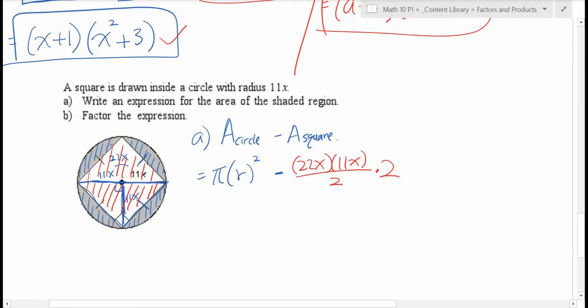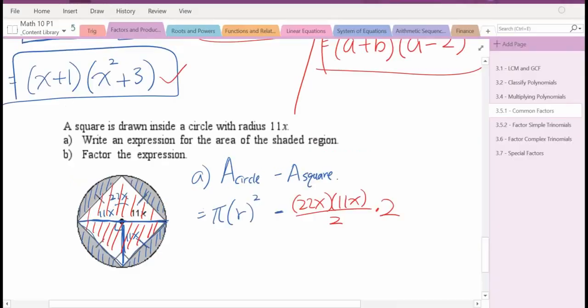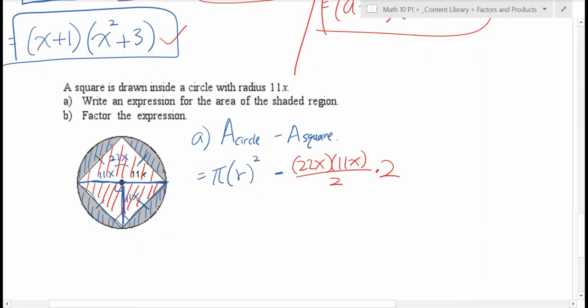And that would be my expression. Now I am going to change the area of the circle, because I wrote r squared, but we know r, the radius, is 11x. So that's my expression. And now I can expand.